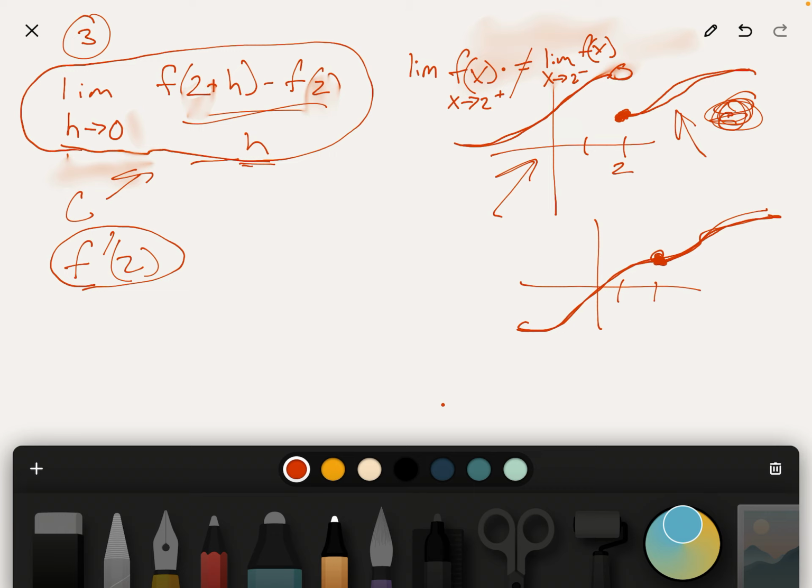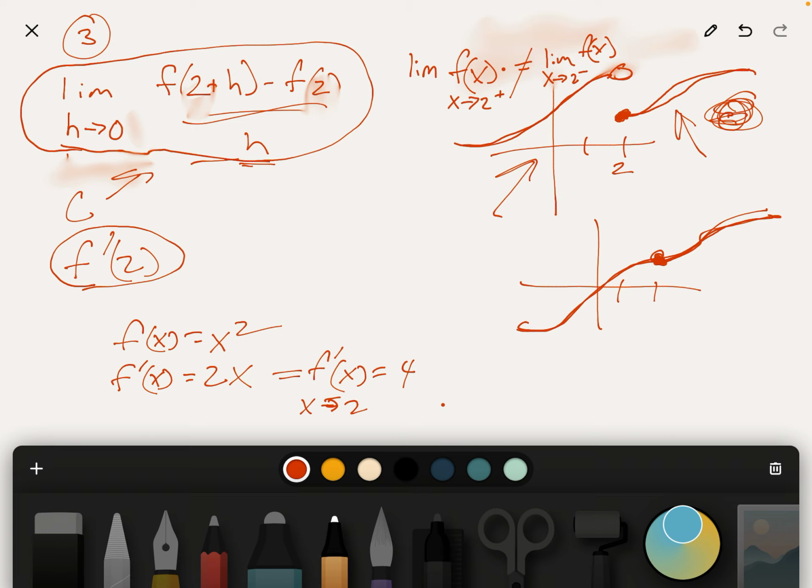You have to go back and either use the shortcuts or, if let's say f of x equals x squared, use the more general formula using limits to arrive at f prime of x. Or you can just use the shortcut because it gives you the same answer: it equals 2x. It's only then that you can plug in 2 and discover that f prime of x when x equals 2 is 4.